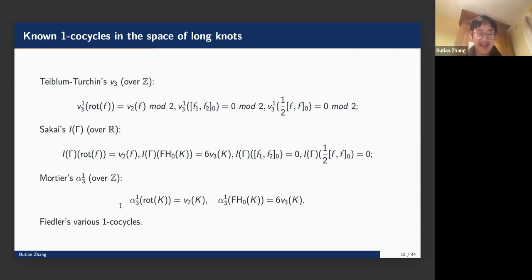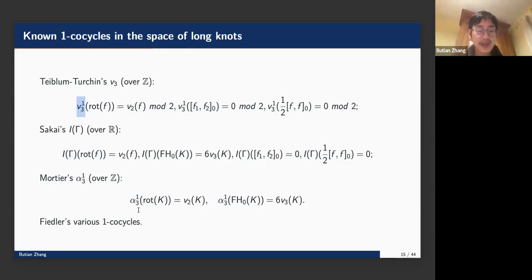Okay, thank you. Yes, that is because we only calculated the values of these one cocycles on these specific loops. For alpha 1 3, we have now calculated more values on more loops. But for I gamma or V31, oh yes, I should mention a result of Mortier.